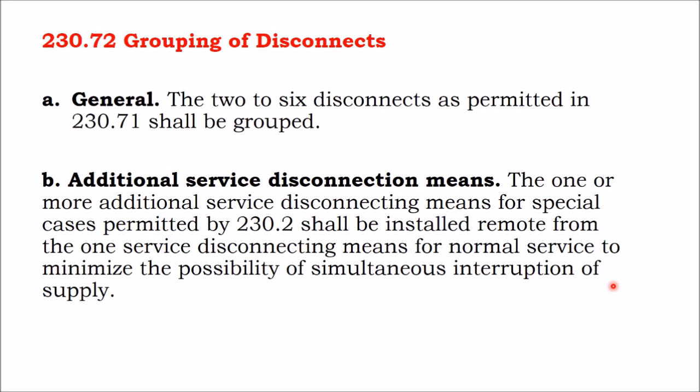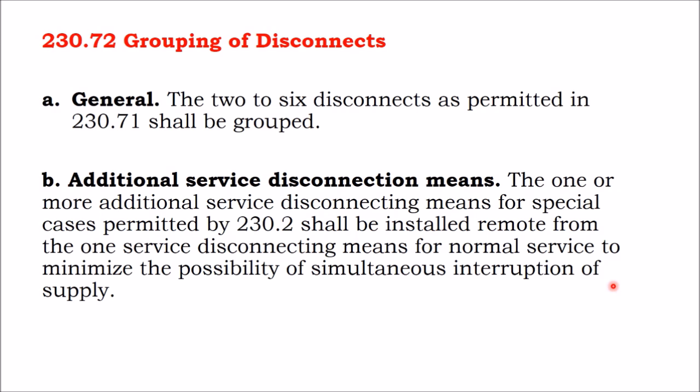Let's see. Additional service disconnection means. One or more additional service disconnecting means for special cases permitted by that section we saw before, like solar equipment, shall be installed remote from the one service disconnecting means for normal service to minimize the possibility of simultaneous interruption of supply.